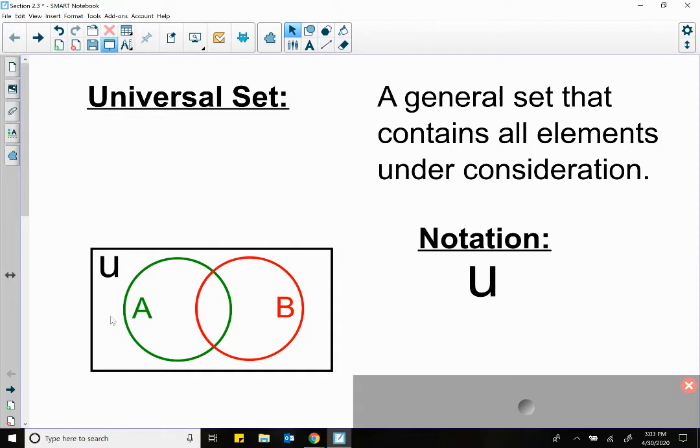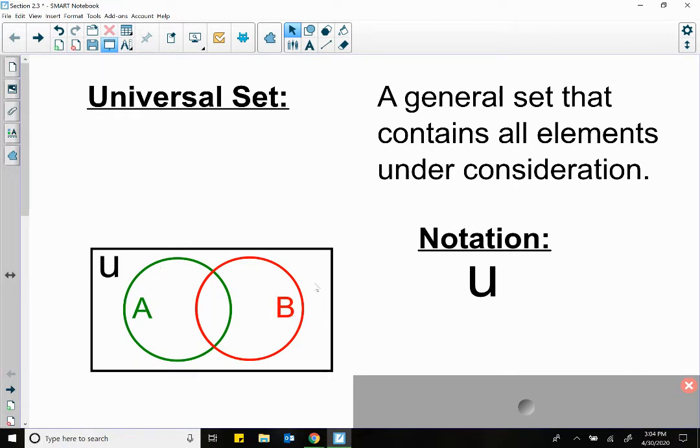Since we're talking about Valencia College students, we could let set A be students with glasses, and set B be students in Mr. Armstrong's college mathematics course. So these sets A and B are actually subsets of the universe.